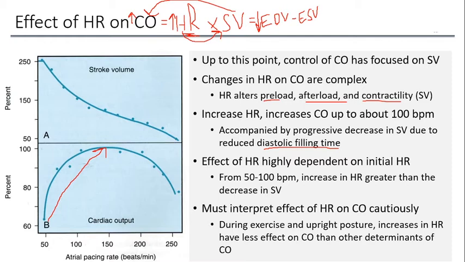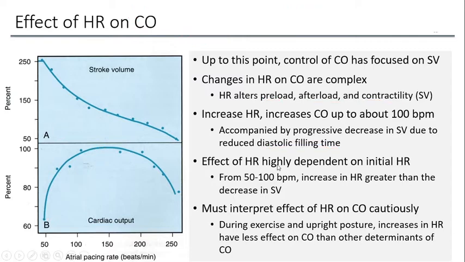So it's not just a straight line of heart rate increases, so does cardiac output. The effects of heart rate on cardiac output are really going to depend on the starting or resting heart rate, right? And we know that those who are more athletic, who have greater cardiovascular fitness, typically have lower heart rates.